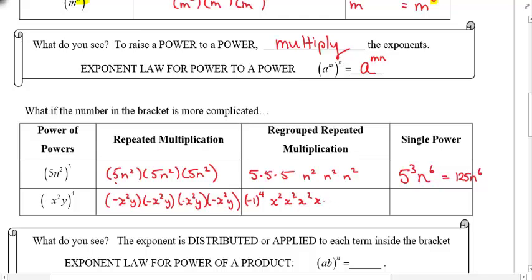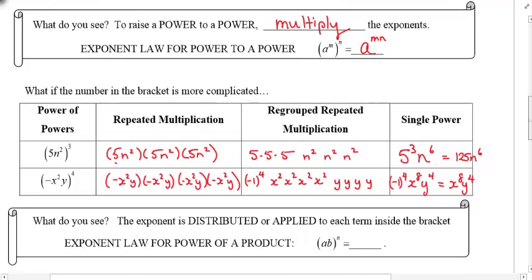And I see a y, and there's 4 of them. So negative 1 to the power of 4. Okay, there's my number. X 2, 2, 2, 2 is 8. Y is 4. And if you want to simplify this, negative 1 to the power of 4 is just positive 1, so x to the power of 8, y to the power of 4.